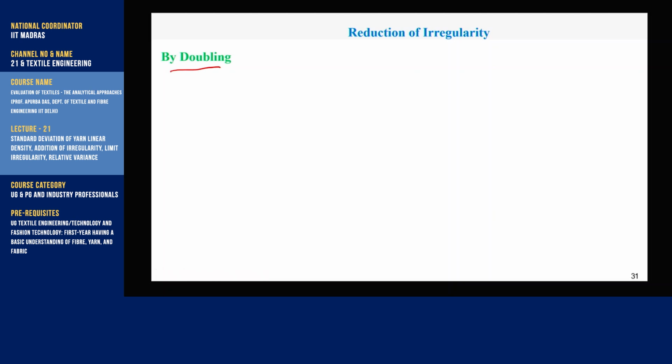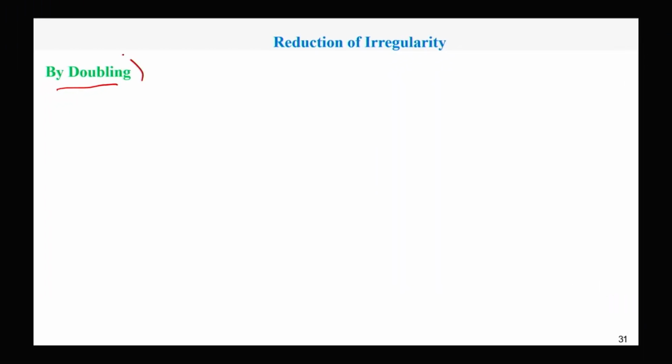The process where doubling takes place results in the reduction in irregularity. For example, in the draw frame, a number of slivers are fed at the back of the draw frame, which results in reduction in CV.